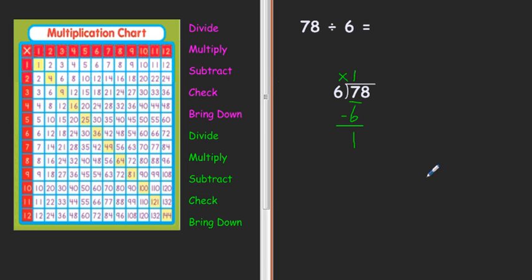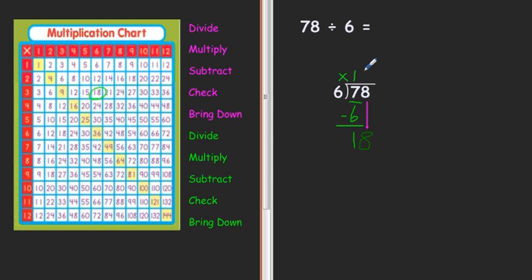And now I'm going to bring down. I'm simply going to bring this 8 down. So now I have 18. So I'm going to look for a multiple of 6 that is 18 or less. And if I look right here, multiples of 6, 6 times 3 is 18.